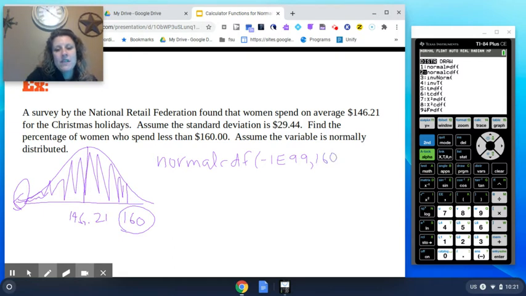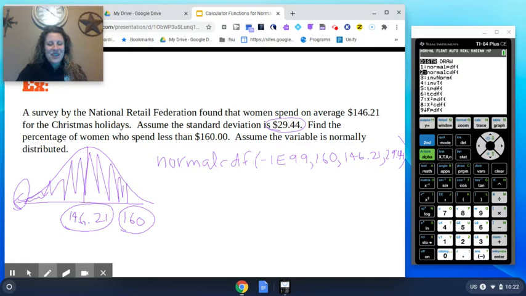We then have to tell the calculator what the mean is. Our mean is $146.21. And we also have to tell it the standard deviation, which in the prompt was given as $29.44. Ooh, I'm getting awfully close to the edge of that slide. Sorry there.